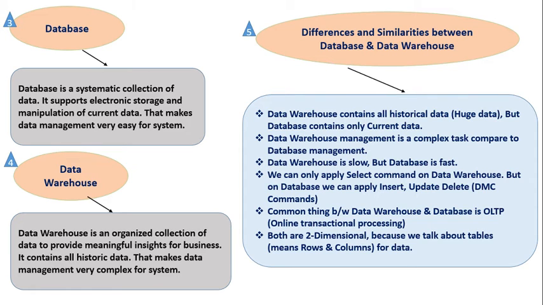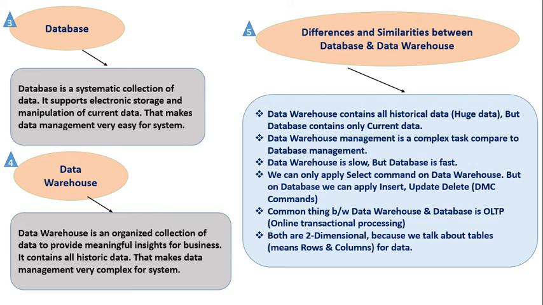So a data warehouse contains all historic data, the huge data, but a database contains only current data. Data warehouse management is a complex task compared to database management. A data warehouse is slow because it has huge data, but a database is fast because it contains the current data only.